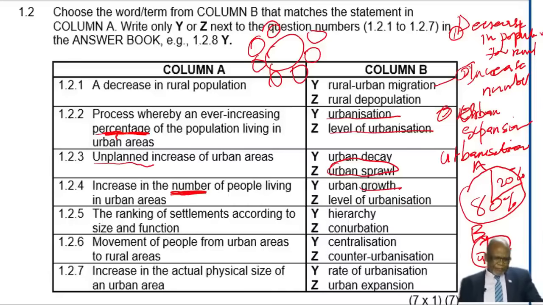The ranking of settlements according to size and function, that is your hierarchy of settlements. And then movement of people from urban areas to rural areas, that is your counter urbanization. And then increase in the actual or physical size of urban area, this is your urban expansion. That is the increase in physical area.